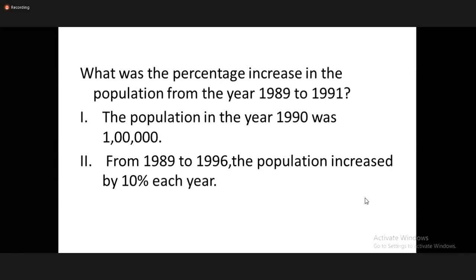Reddy, you got it right. Alekhya, you got it right. Sai, you are wrong. Archana, you are wrong. Shirisha, you are right. Very good.